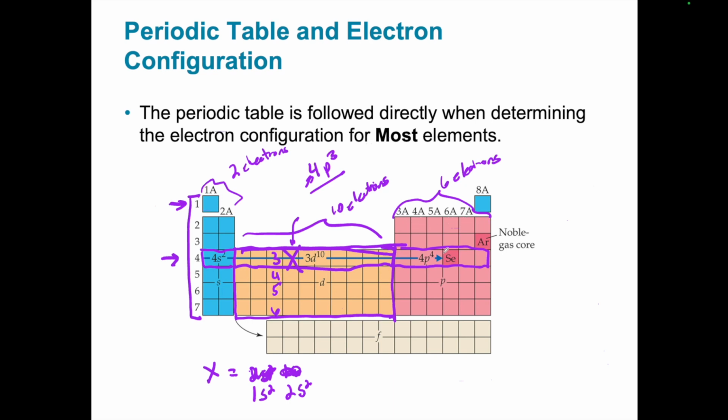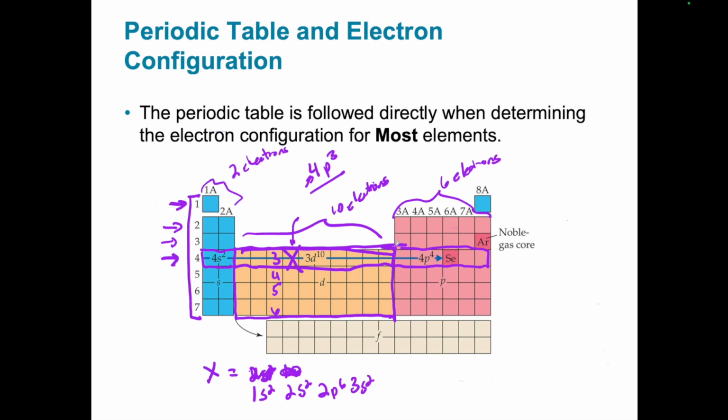We're on the second row, so that would be 2p6, because all the electrons in that row are filled for the p orbital. And then we'll come back around again to the number 3 right there. So 3s2, because those are all full.